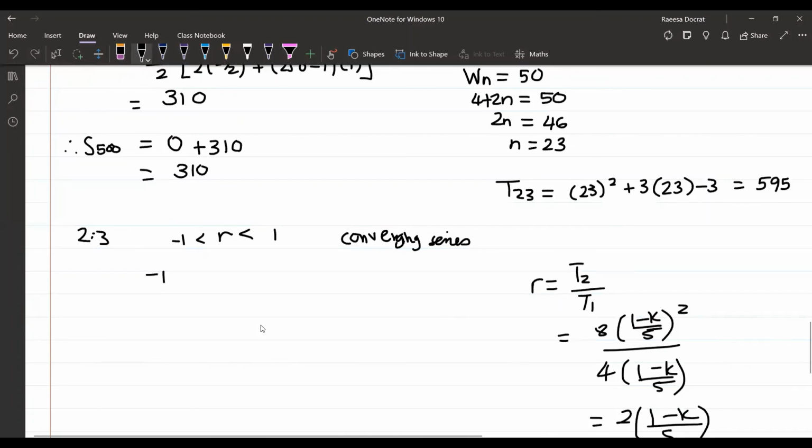So let's replace it in this inequality, and then we're going to make k the subject. Let's first multiply both sides by 5, and then divide both sides by 2.